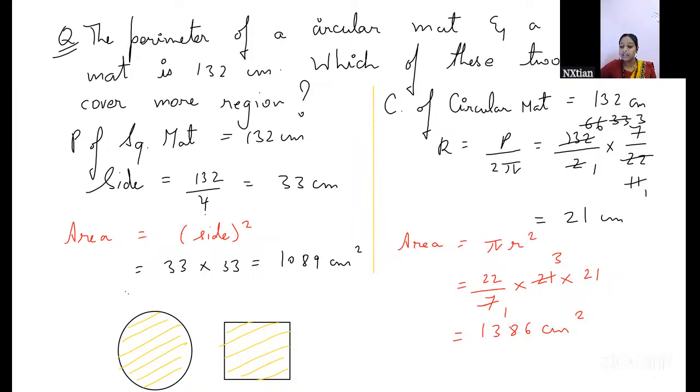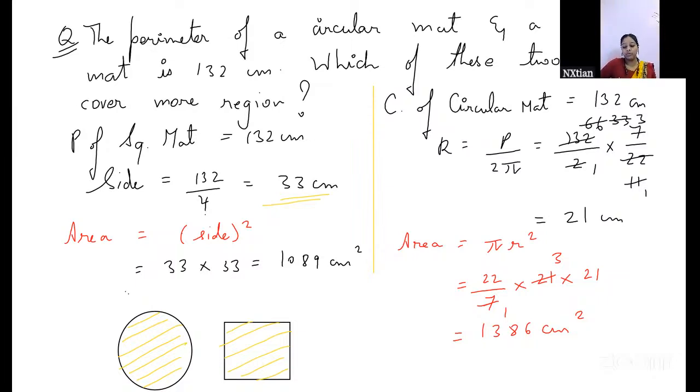Now first we will see the square mat. We have the perimeter, the boundary. When we have the boundary, can we calculate the side? Yes, we can calculate by dividing the perimeter by 4, because perimeter is the sum of the four sides of a square. So we divide by 4 and get the measurement of one side. 132 by 4, one side of the square is 33 centimeter.